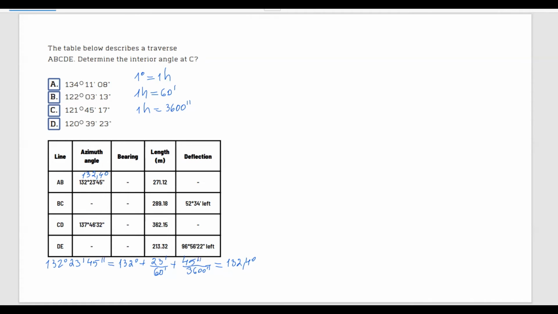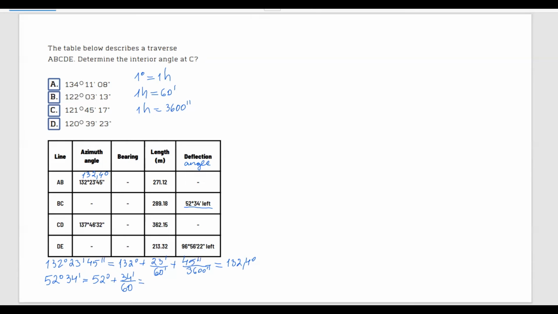Let's go ahead and also transform this deflection angle. Somehow it was left out. Let's calculate this deflection angle. We have 52 degrees and 34 minutes, and this will equal 52 degrees plus 34 minutes divided by 60 minutes in an hour.